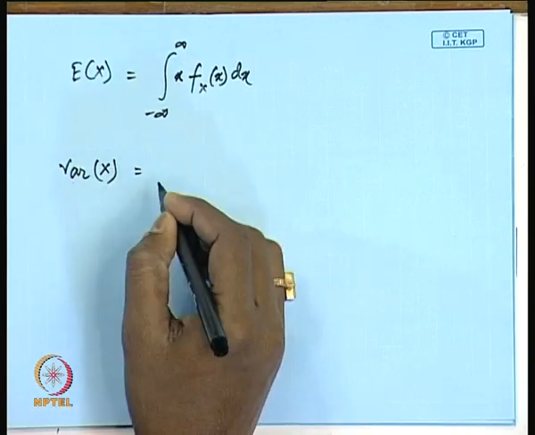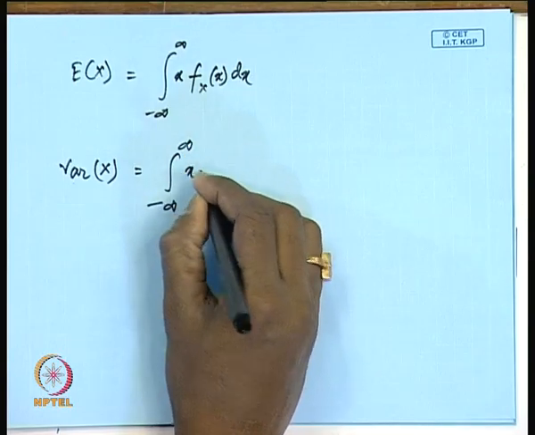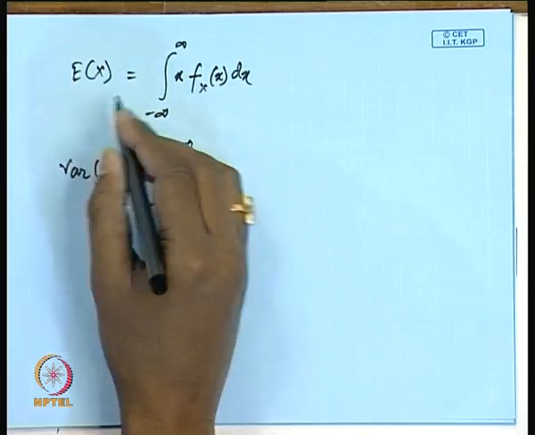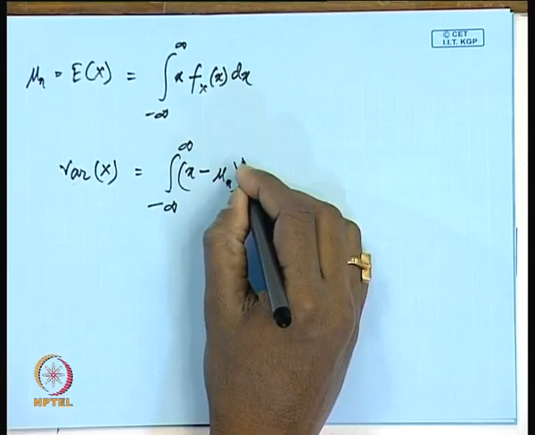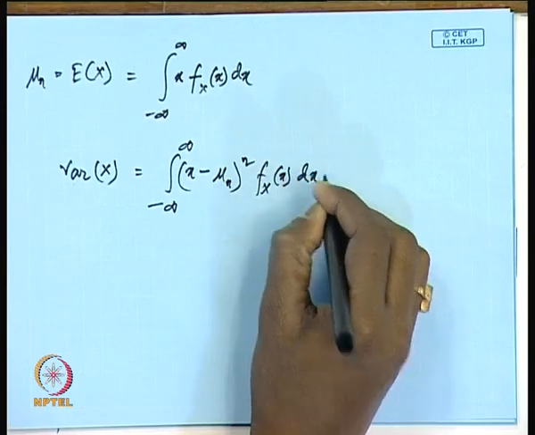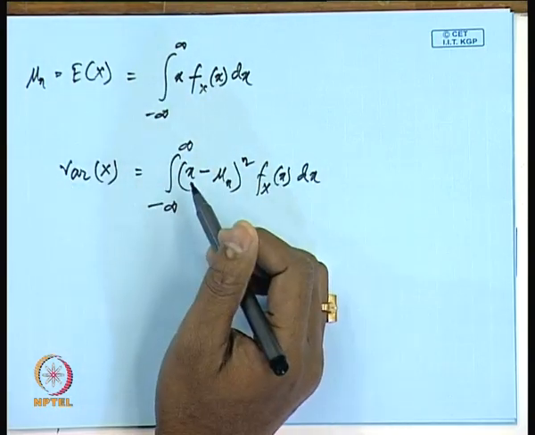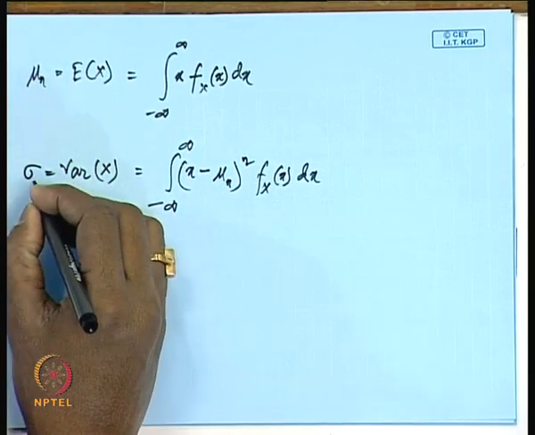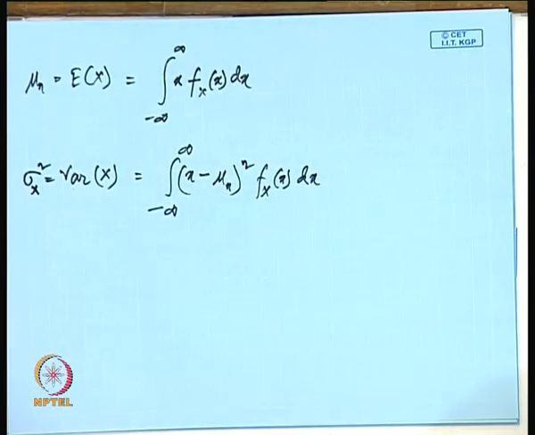So we do the integration with respect to its mean, that is the expected value, which we have denoted as mu x. So it is x minus mu x, squared, times the probability density. This integration gives the variance of x. These are for the single random variable, and this is denoted as sigma x square, and similarly for the variable y.